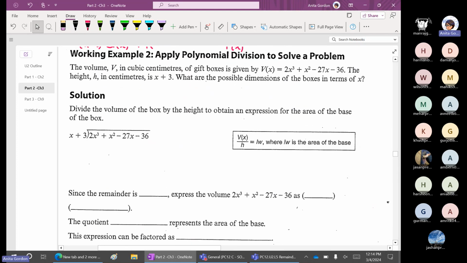The volume V in cubic centimeters of a given box is given by this expression. The height H is given to be x plus 3. What are the possible dimensions of the other sides? So what are the possibilities for the dimensions of the box, in terms of x?